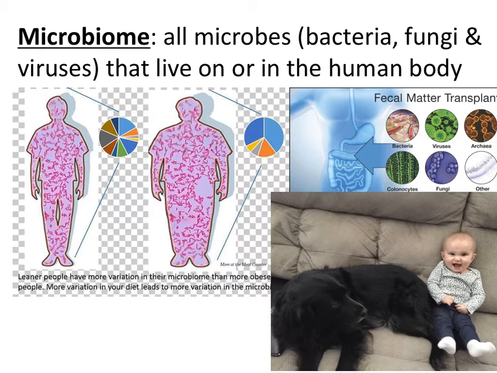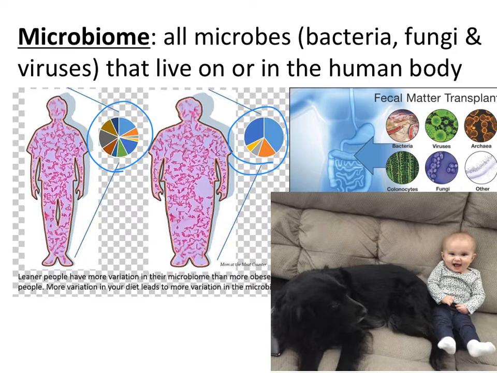Over here on the left, there's a diagram of a fit person versus an obese person. And the pie chart just shows a little visual of the diversity of bacteria cells that are living inside a more lean person versus a more obese person. And that's due to the variety of foods eaten. Generally, people who are leaner, and this is a total generalization, eat a bigger variety of foods.